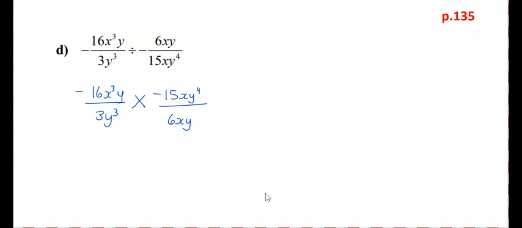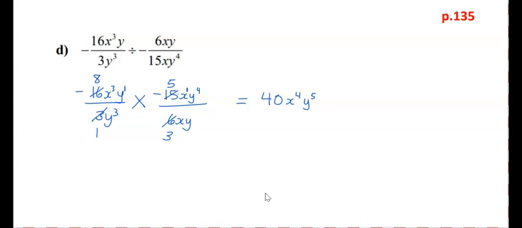Now we're going to cross reduce. 3 and 15 we divide by 3. 6 and 16 we divide by 2. We use product law. Negative 8 times negative 5 is a positive 40. x cubed times x to the 1 is x to the power of 4. y to the power of 1 times y to the power of 4 is y to the power of 5.